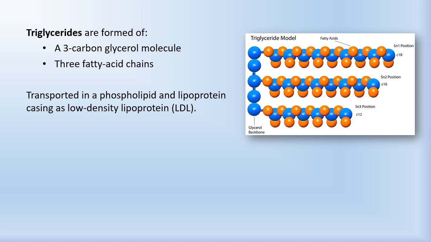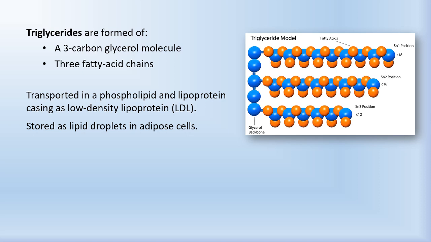They're transported around the body in little casings of phospholipid and lipoprotein, and these little casings are called LDL, low density lipoprotein. The density is all about the proportion of proteins to lipids. So very low density lipoprotein has fewer proteins but more lipid, and this is what LDL starts its life as when it's released from the liver.